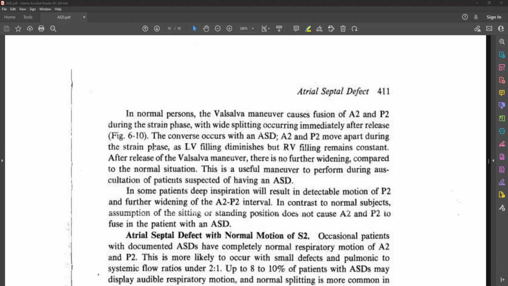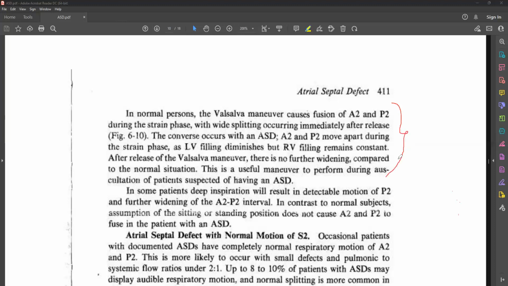You're not going to have the fusion at all. So A2 will occur earlier because the LV filling diminishes, but the RV filling remains the same. So the P2 will be delayed. This is a very good tool. Using the Valsalva maneuver at the bedside is a very good tool.